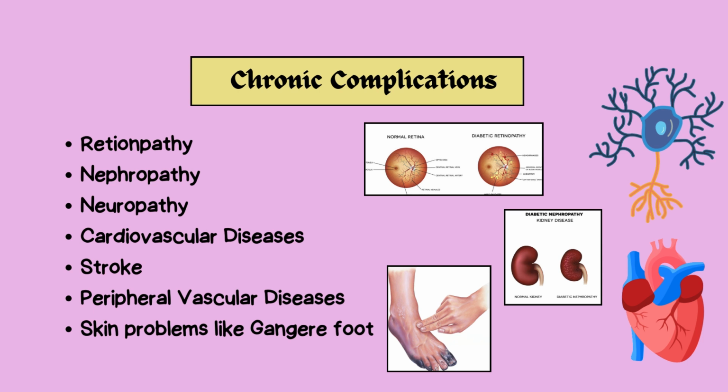But there is also the long term, because this is a chronic disease condition, so there must be chronic complications also. Over time, the glucose that is freely moving inside the body affects the retina, it affects the neurons in the body, it affects the nephrons inside the kidneys, and it also affects the blood vessels, the arteries that provide blood circulation, or the cardiovascular vessels.